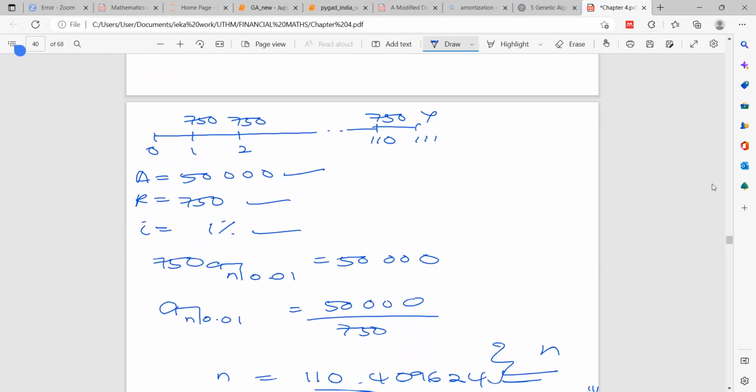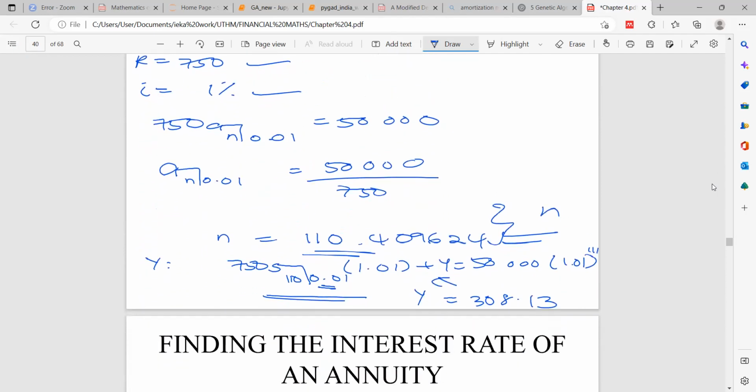So we have A is 50,000, R is 750, and our i is 1%. So 750 a angle n at i is equal to 50,000. So we will get n is equal to 110.4041.